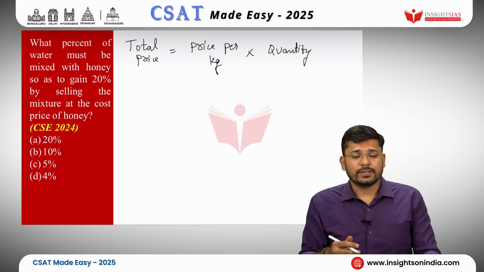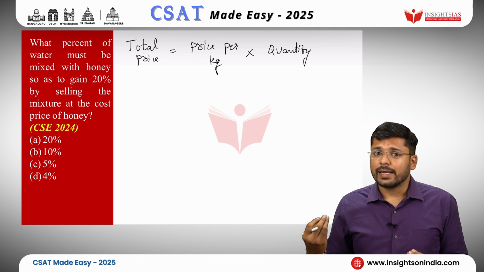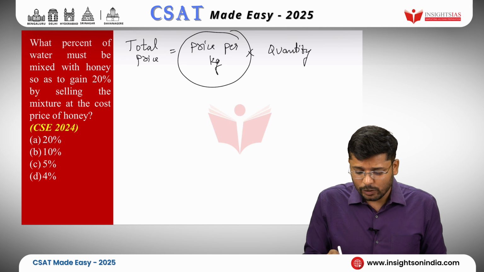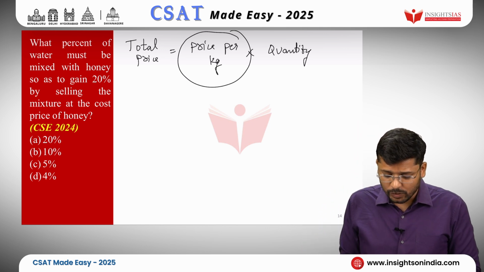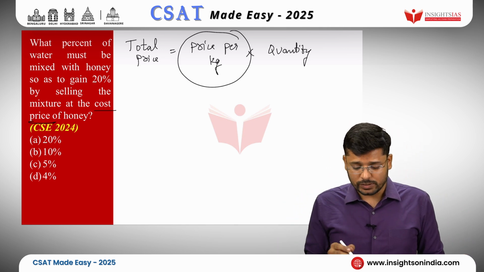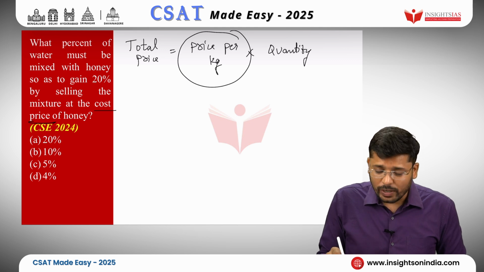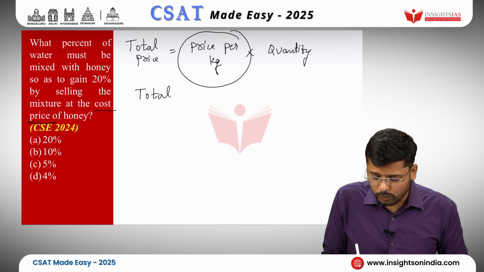In both contexts, where he bought honey and where he is selling honey, the price per kg remains constant, because he is selling the mixture at the cost price of honey. When one value remains constant, you can use the proportionality concept. What is the proportionality concept? It is simply like this.